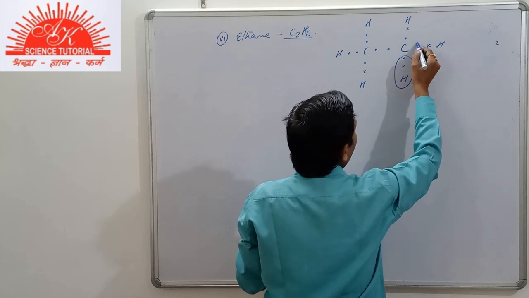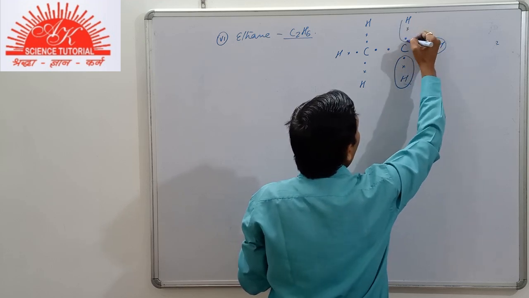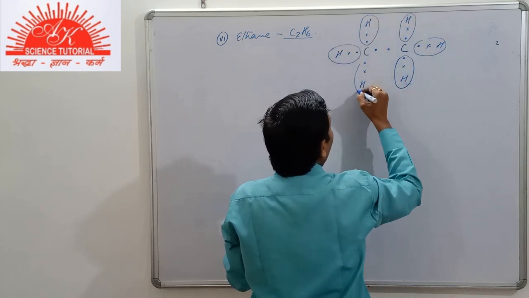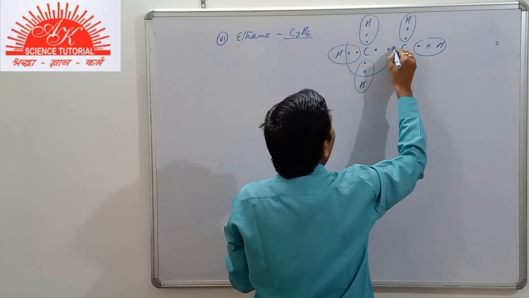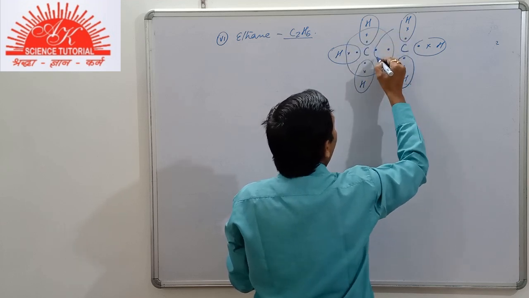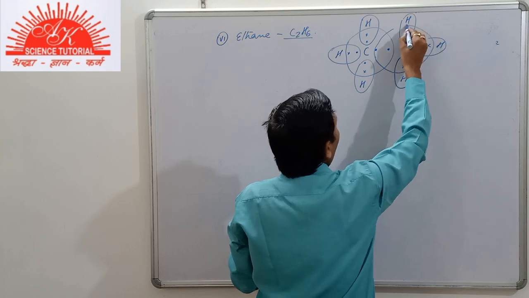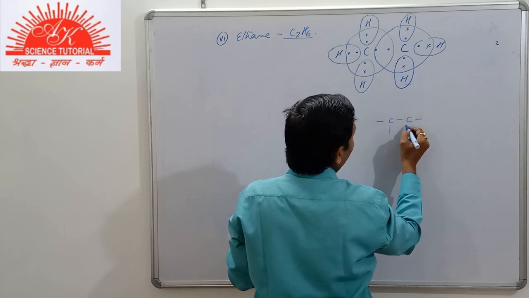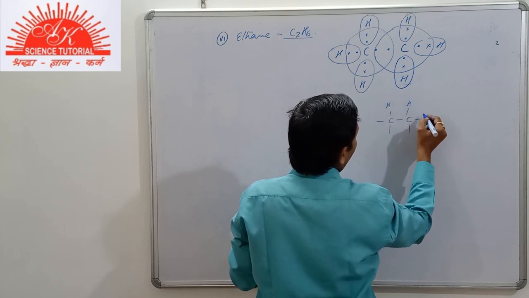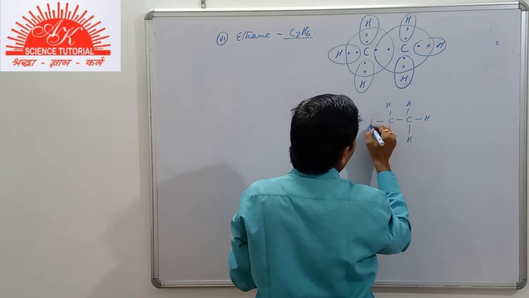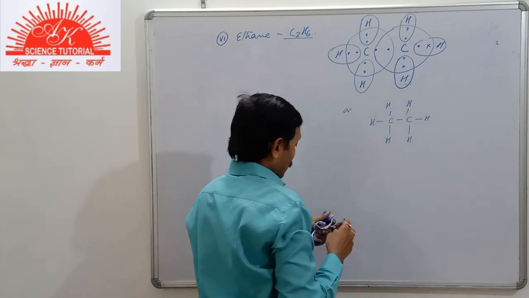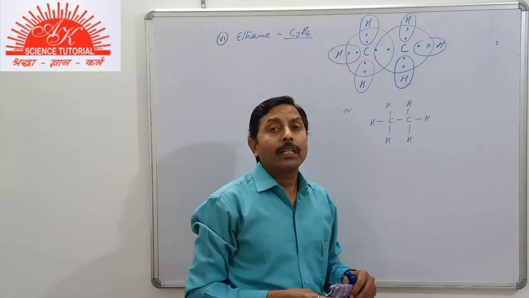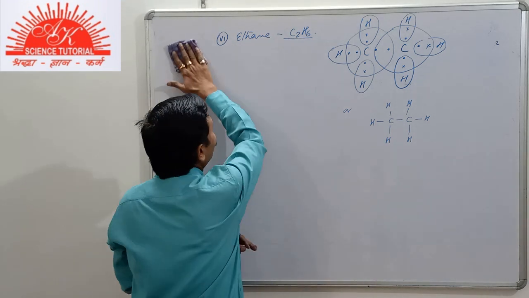In this way, now you see each carbon atom has completed its octet, or in structure you can draw here the structure of the ethane molecule. So these were the different examples of single covalent bond.